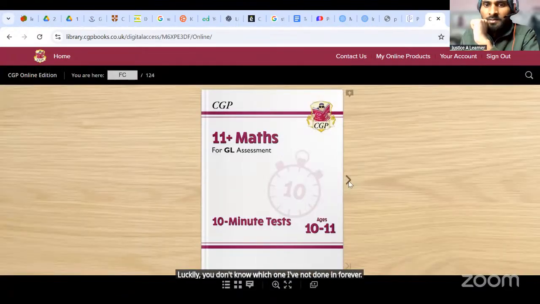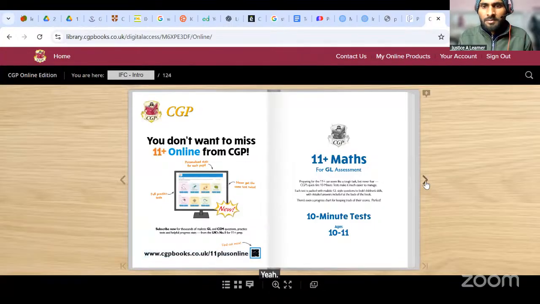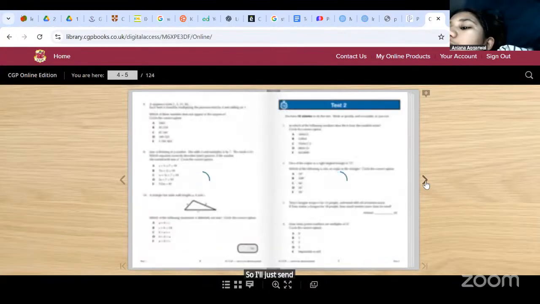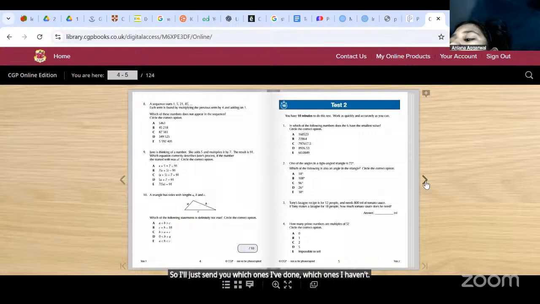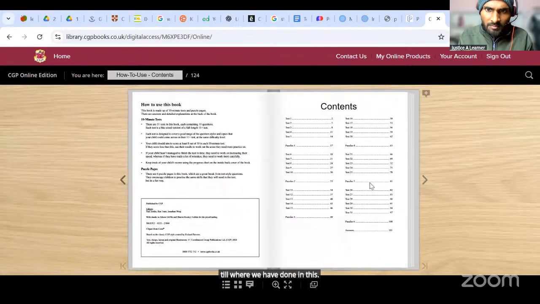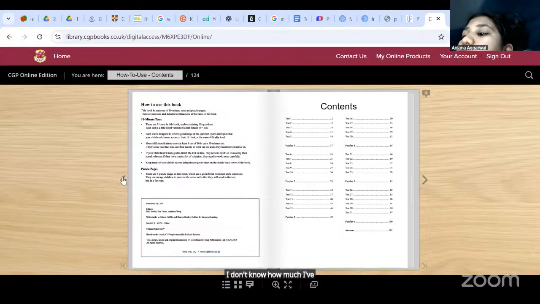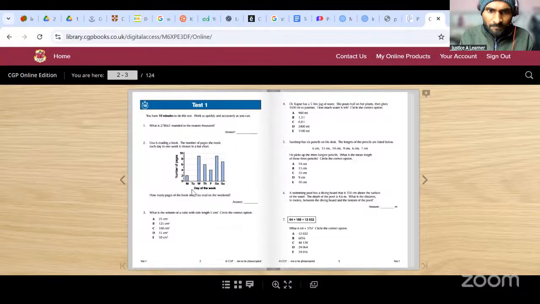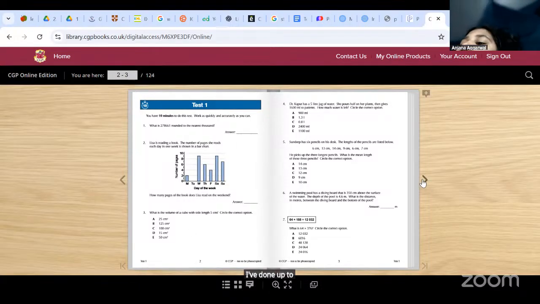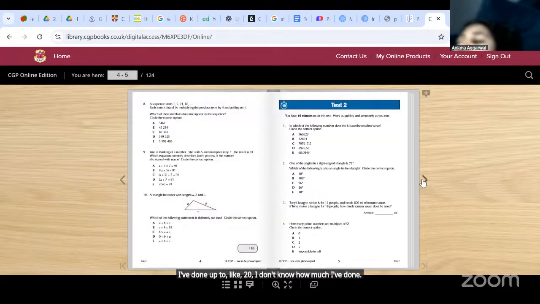I'll send you which ones I've done and which ones I haven't, and till where we have done in this test. I don't know how much I've done at home. Test one, I've done that. I've done up to about 20. I don't know how much more I've done.